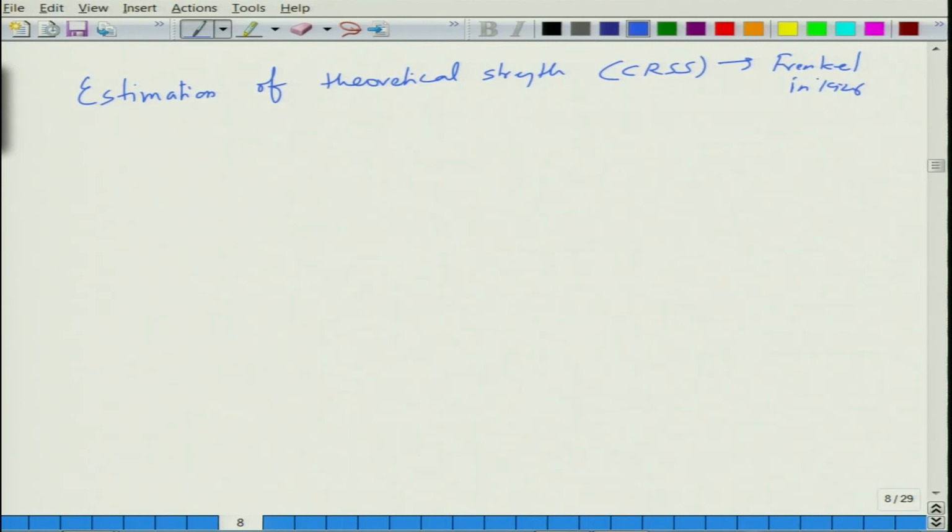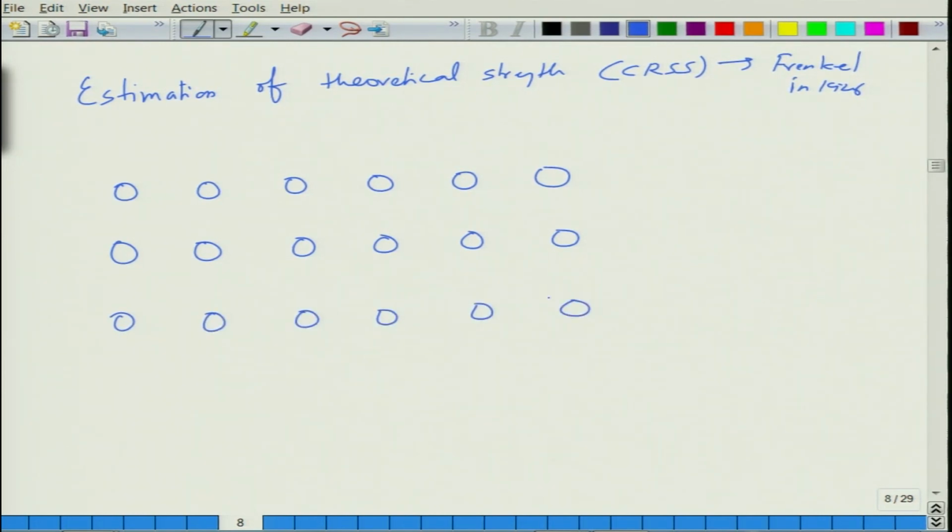So, let us see what happens in a material. In a material you can see the atoms are placed in this fashion. They are placed in an ordered fashion in a lattice, and if you take the touching sphere model, then the touching sphere model would be something like this.